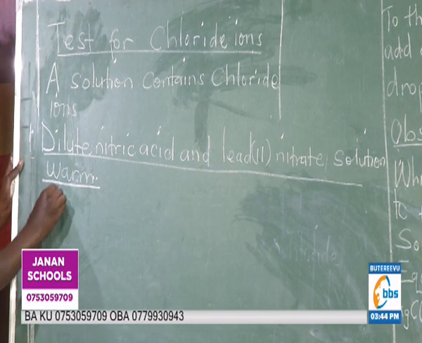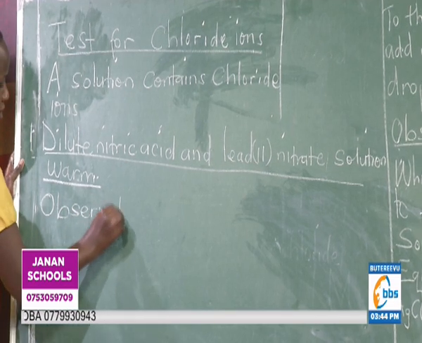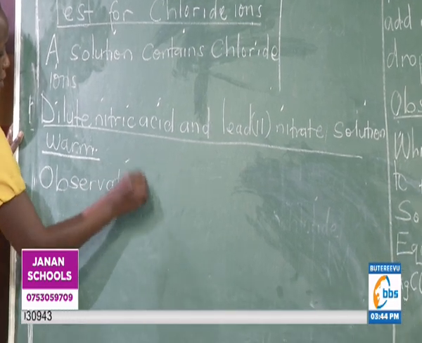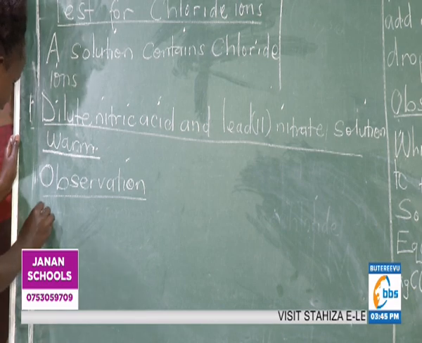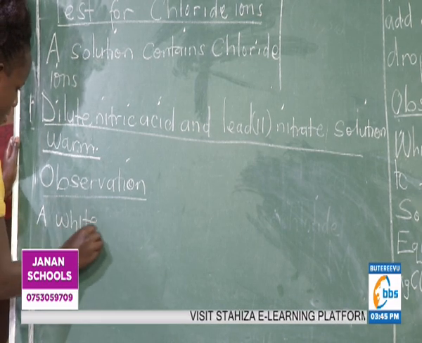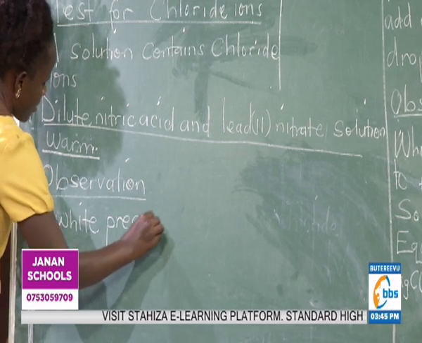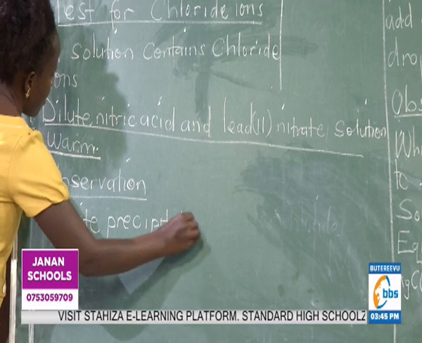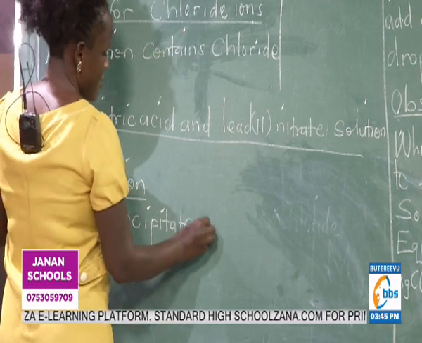Therefore, our observation, if that solution contained chloride ions, it would be a white precipitate of what?